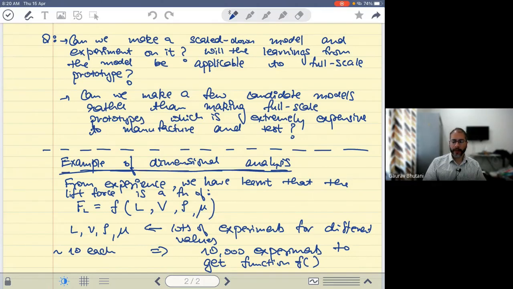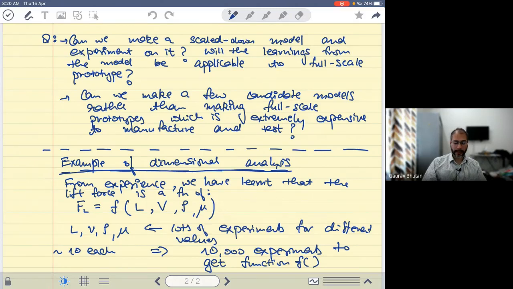It's like if you want to plot a curve, you need 10 points, and then you will join them smoothly to get the curve. To get the function f, you will do 10,000 experiments, and you will be able to get the lift force as a function of these 4 variables. And that is all. If you can tabulate that, then your job is done for a given shape of aerofoil. Of course, if you change the shape, then this whole thing will change.